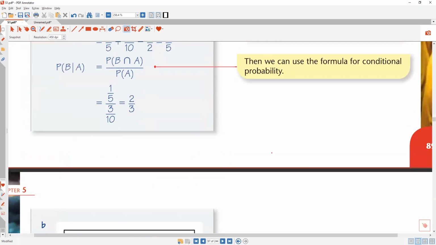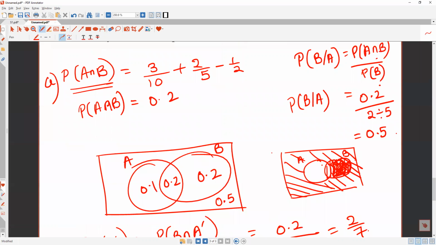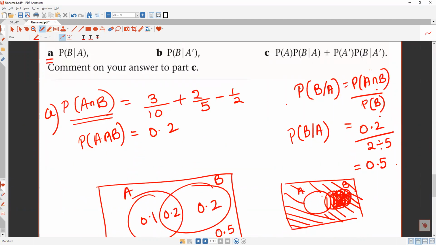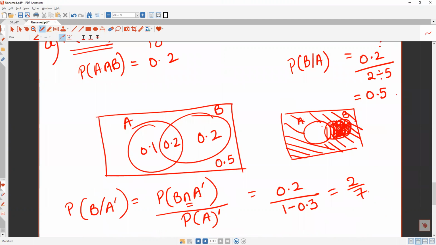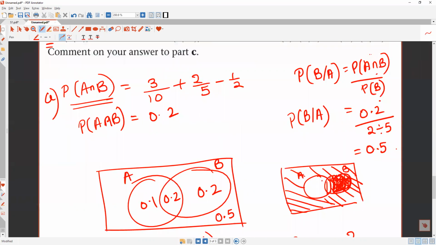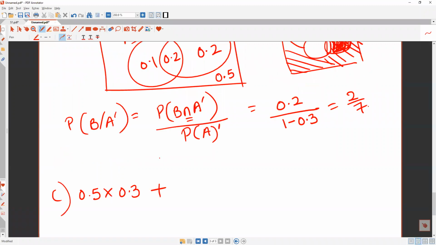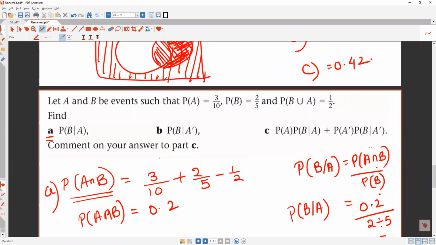Now comes the hardest of them all. This part: P(A) multiplied by P(B given A), which you already found, multiplied by P(A). No problem. What was the P(B given A) we got? 0.5. We are doing the C part now. 0.5 multiplied by P(A). How much is P(A)? The probability of A is 0.3 plus P(A complement).